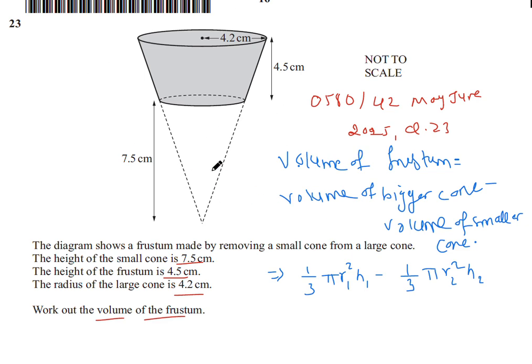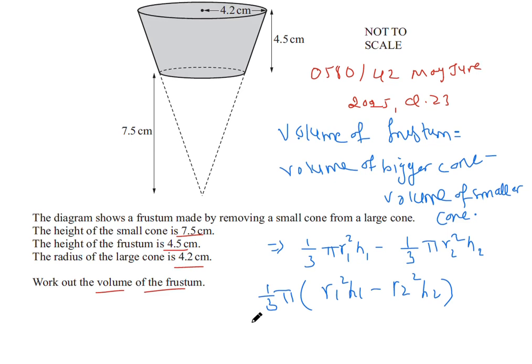So the entire cone radius I am considering R1 and height H1, and the smaller cone radius and height will be R2 and H2. You can take 1/3 pi common from both of them: R1 square H1 minus R2 square H2.